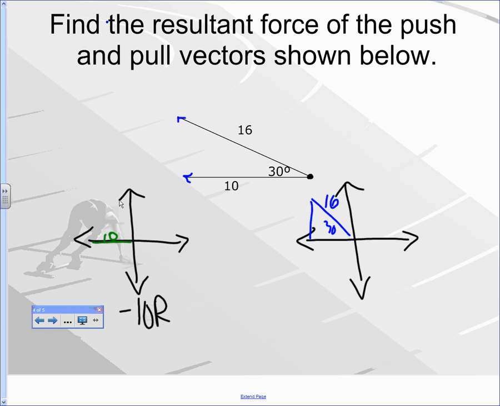It has a 30-degree angle. It goes up 30. But B is just straight to the left. Do y'all see how that works? So how would I figure out my vector, what it would be in rectangular form? So see if you can find your R and your U.